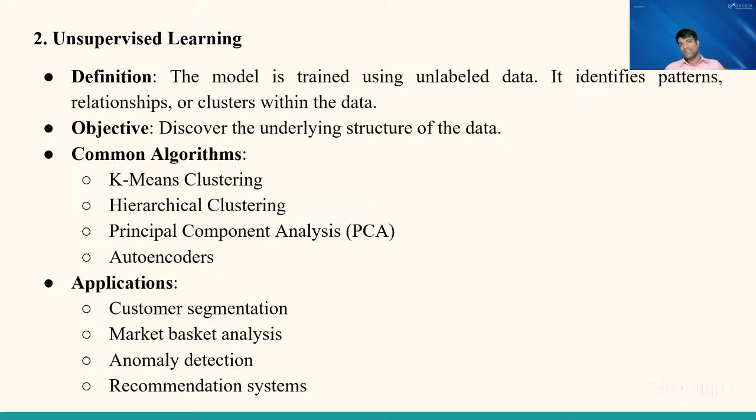That's as simple as that. Now the applications of unsupervised learning are customer segmentation, market basket analysis, anomaly detection, and recommendation systems. These are some of the applications you can think of when you talk about unsupervised learning.